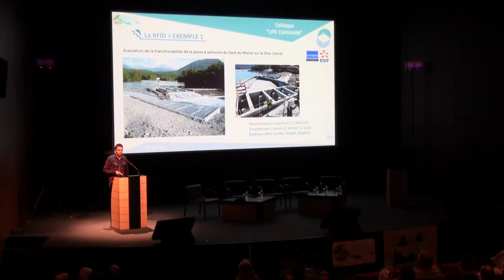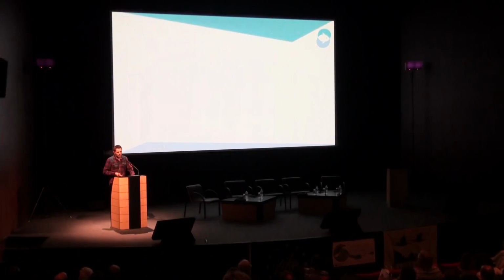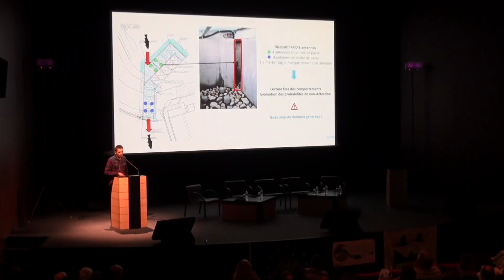The crossing at the level of a fish pass, ascending, so it is successive obstacles. It is a device with 8 antennas, 4 of them at the entrance of the fish pass and 4 of them at the end of it.